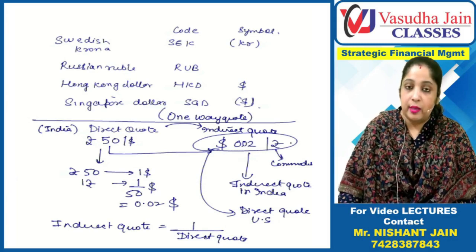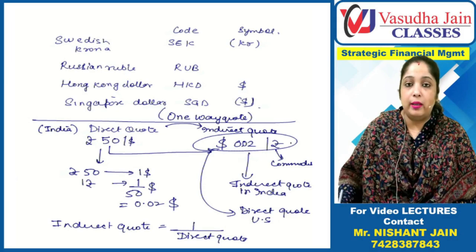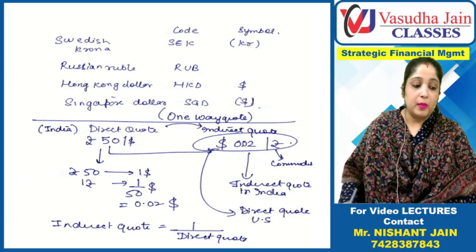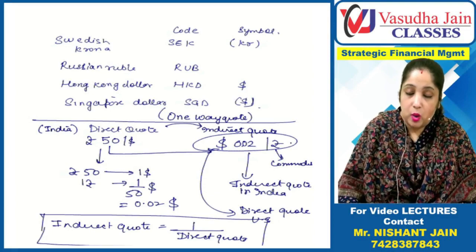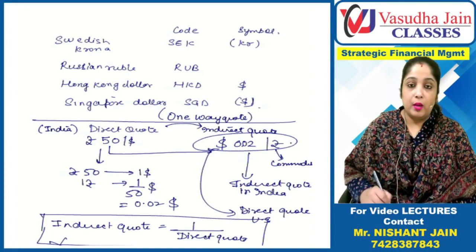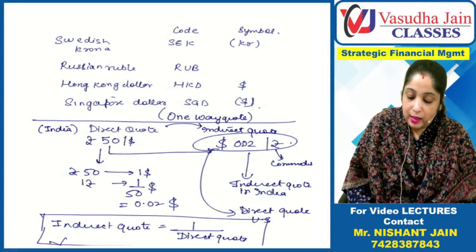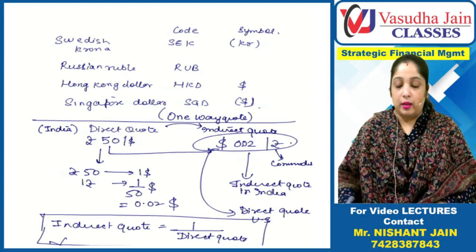Is it clear? But this rule is applicable only for a one-way quote. When two-way quotes are given, you cannot use this rule. If only one rate is given, then you can just divide 1 by that rate. The rates get reversed.